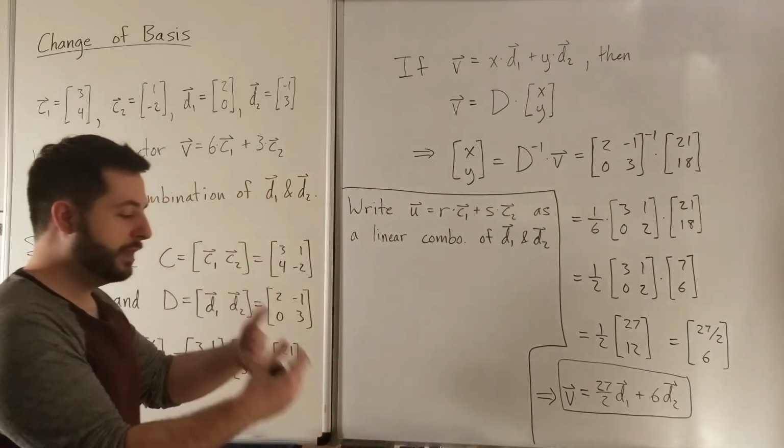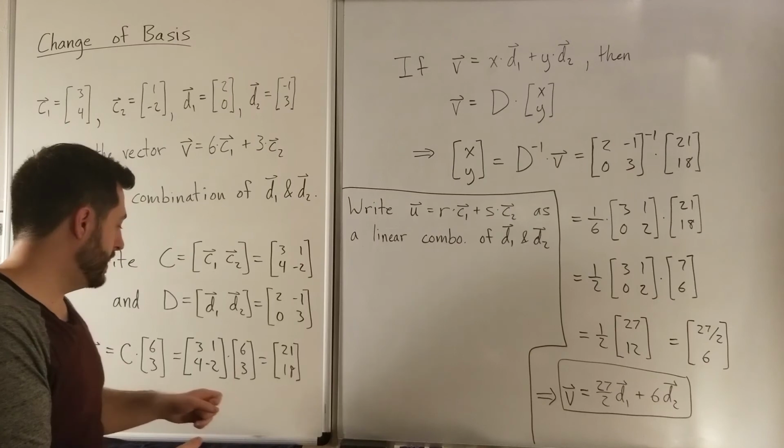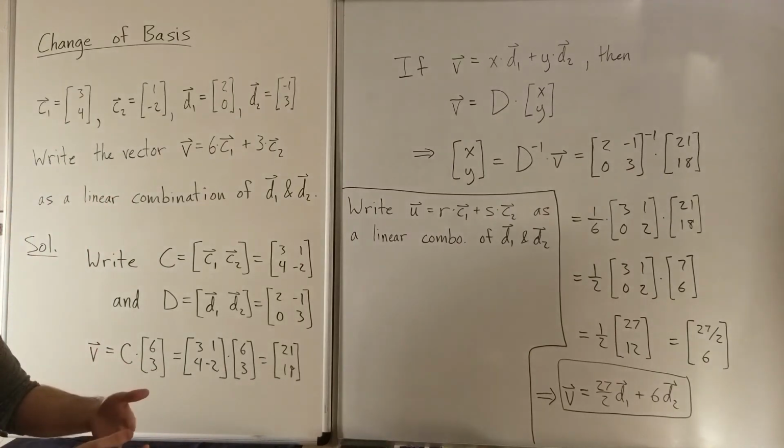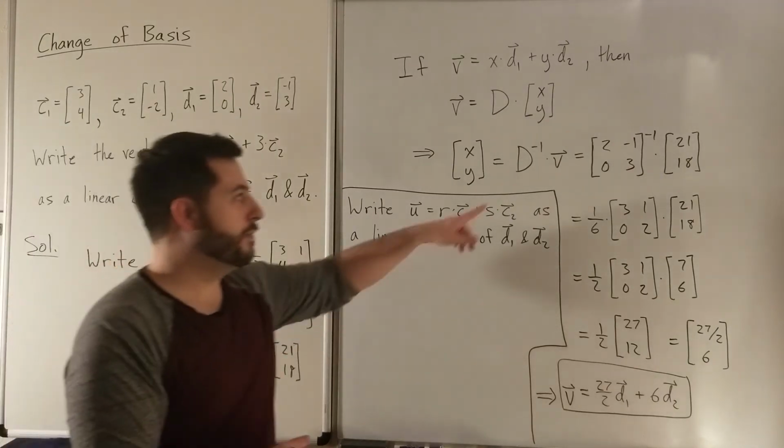So to switch from the C basis into the standard basis, we multiplied by C, and to switch from the standard basis into the D basis, we multiplied by D inverse.